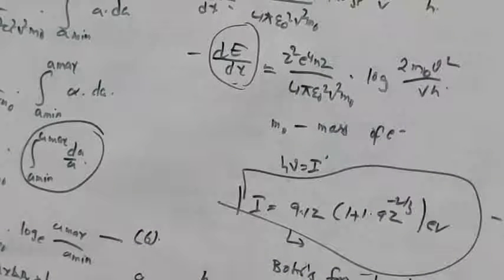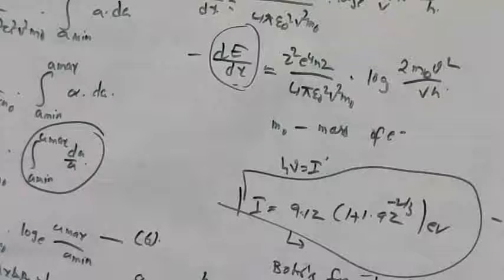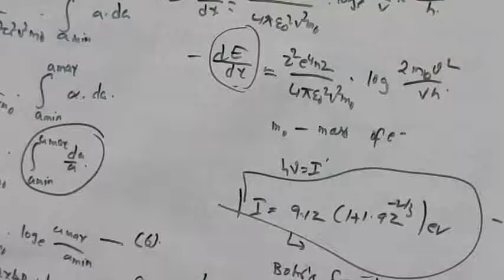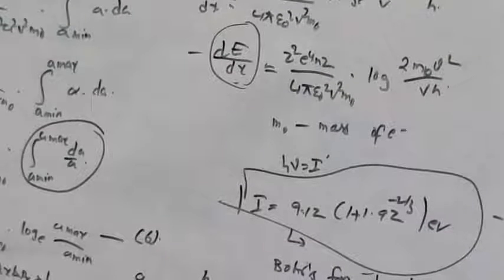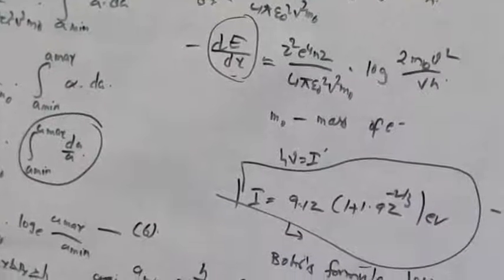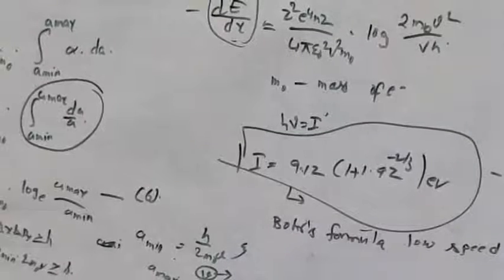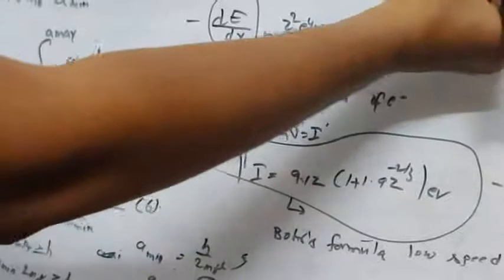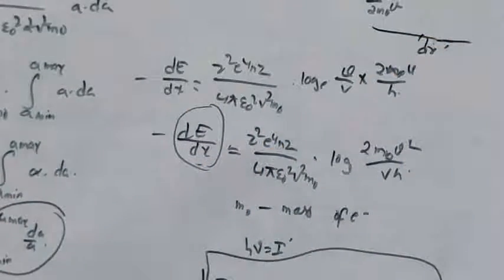After completion of equation 5, that is the T value, we considered a cylindrical shell composed of electrons, with radii A and A plus dA, and length of the cylindrical shell denoted as dx.